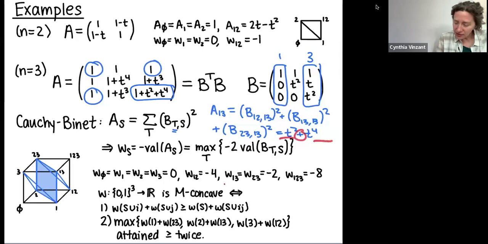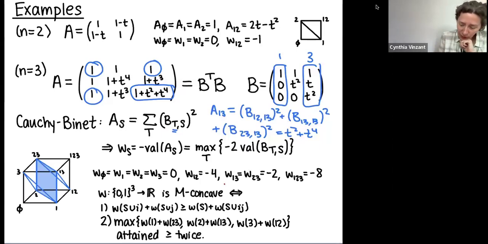If some of these terms had the same valuation, but there was a negative coefficient, then those terms might cancel out. And then we wouldn't be able to necessarily predict what the valuation of this matrix is. But because all of these terms are squared, the coefficients are going to be positive. And so when you add them together, you can't get any cancellation.